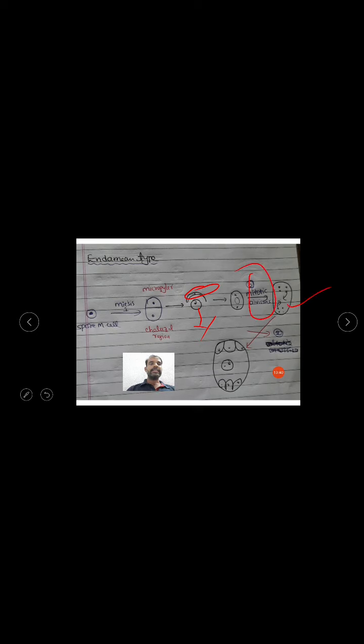Then the 8 cells are modified as the complete embryo sac. This is the Endymion type. We can observe Endymion and Allium types, so this is very, very important right now.